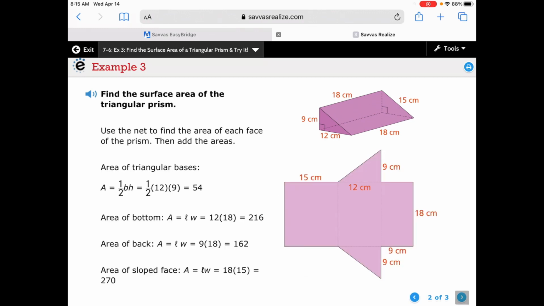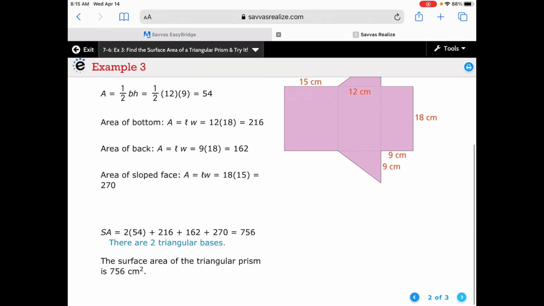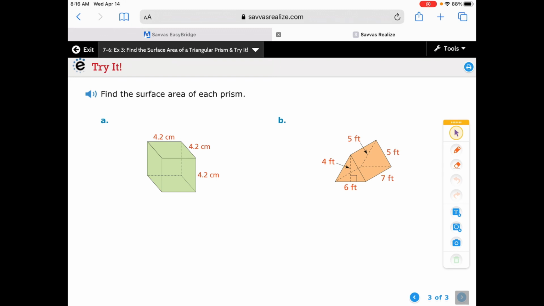As we go through, we find the area for each one, and then we add them all together. There are 2 triangular bases, that's why it's multiplied twice. Then we have our rectangles, giving us a combination of 756 centimeters squared.